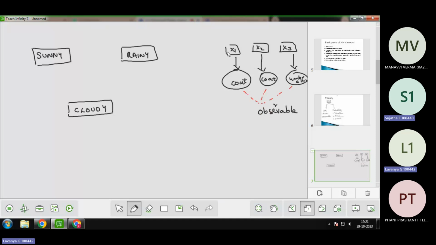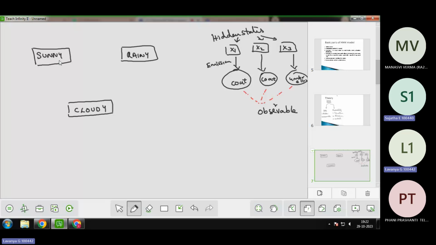Now these 3 states which are in the background are my hidden states. It's the emission that we are going to do. The emit, what happens and what is the evidence. So this is emission of evidence.